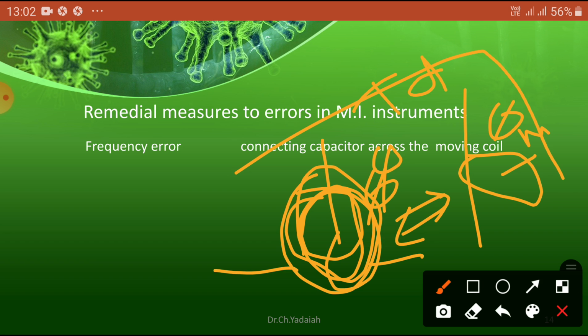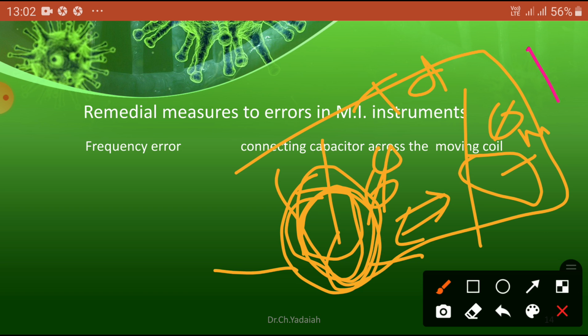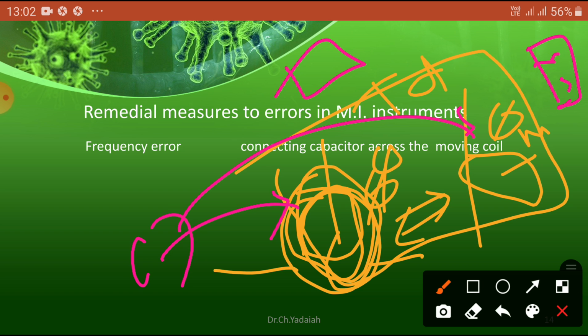In addition to this, if you place another strong magnetic field nearby, like a north pole or south pole, then what will happen? This magnetic field affects the instrument, so the deflecting torque without this magnetic field is not equal to the deflecting torque with the effect of this external magnetic field. So we have to avoid it. How are we going to avoid this?